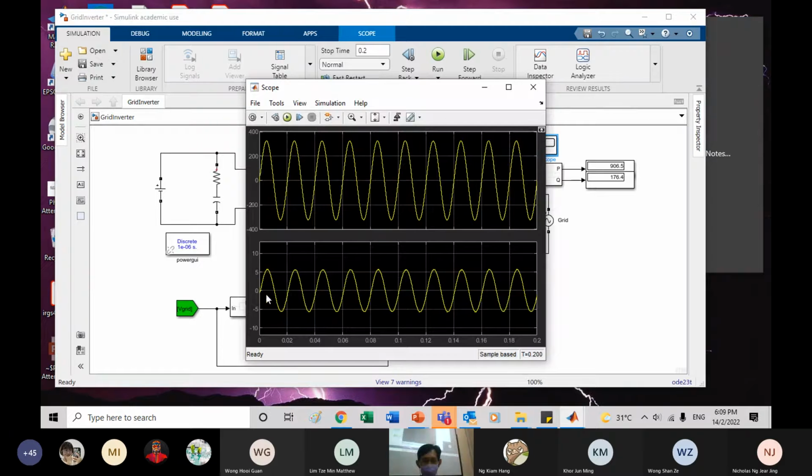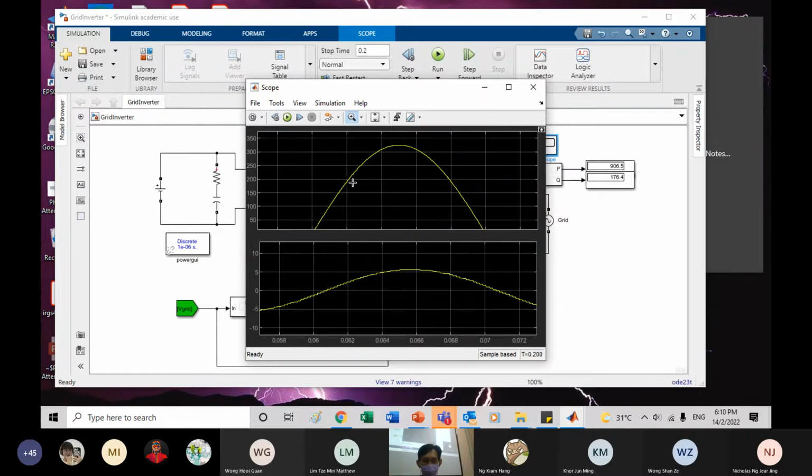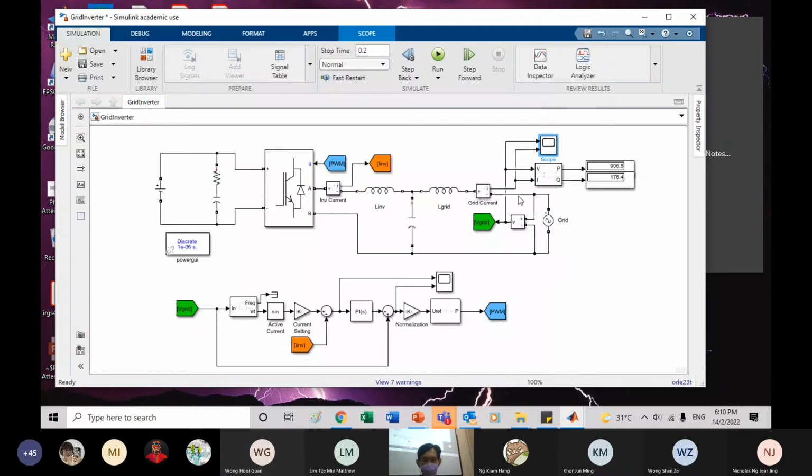Okay, very nice sine wave. I think even if you zoom in, you won't see much of this. See, very, very smooth. Not even a zigzag thing. So, I didn't measure the THD. I believe it is very low.